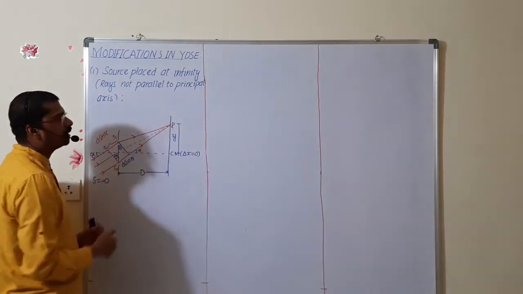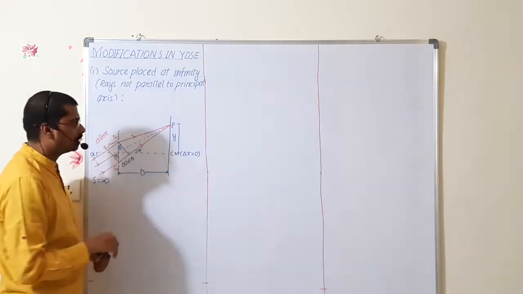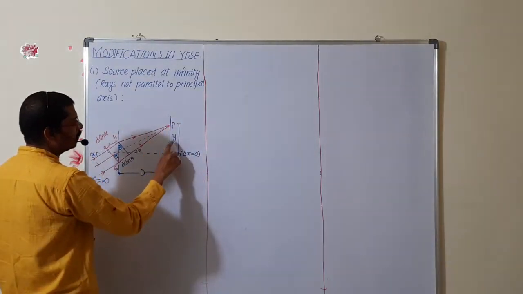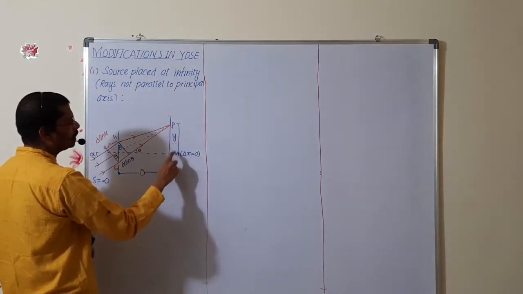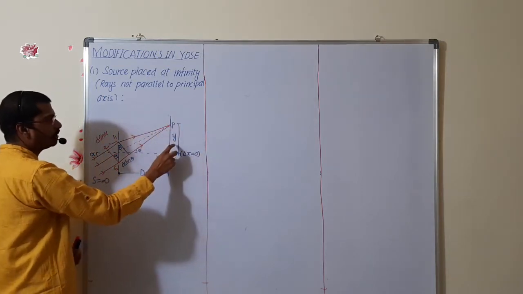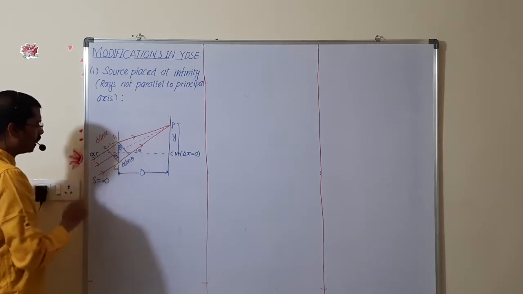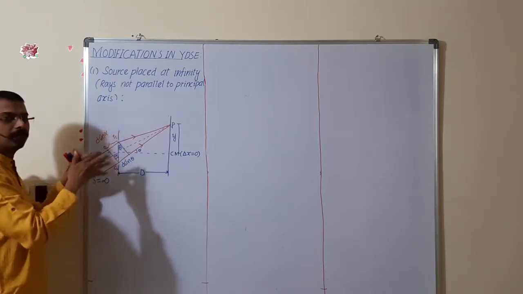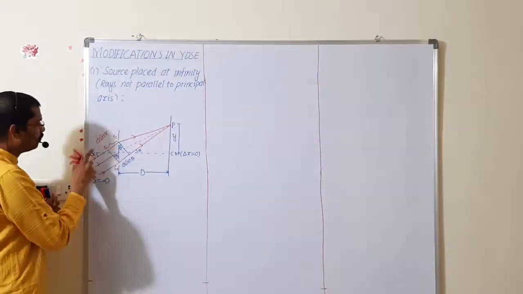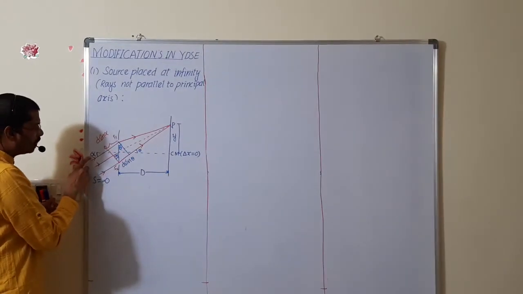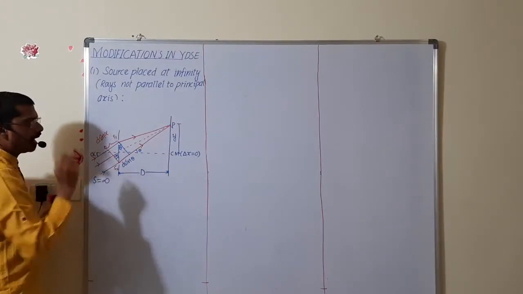This point gives the position of the fringe. The distance from the central maxima to P is represented by Y. These rays come from infinite distance and make an angle alpha with the principal axis.